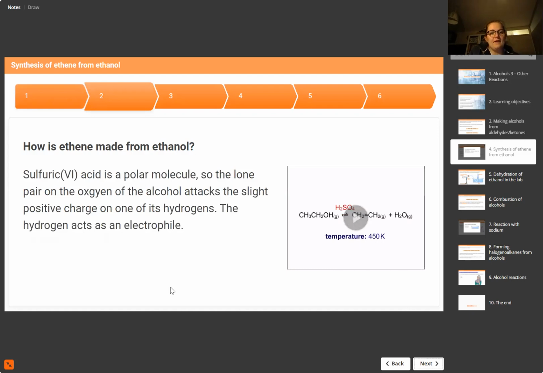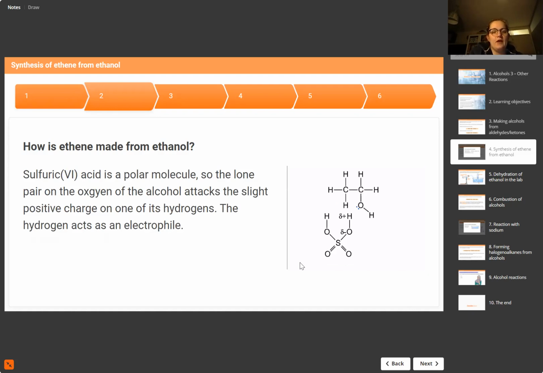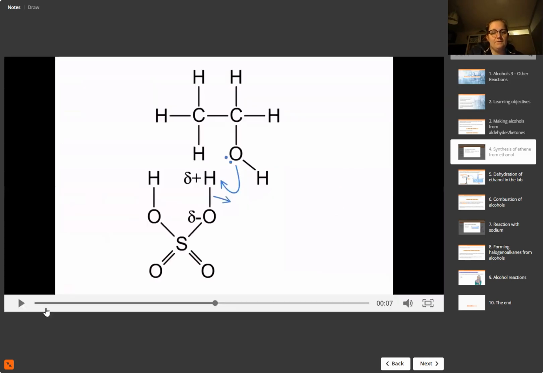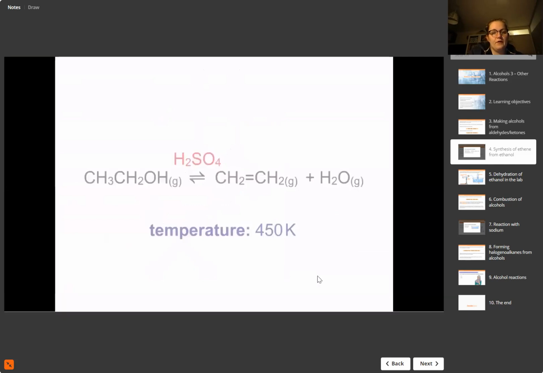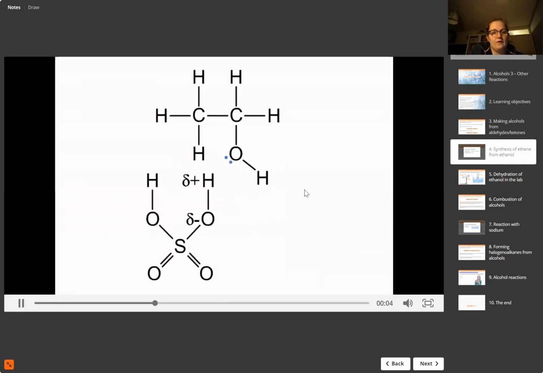So what happens? Our sulfuric acid is a polar molecule. The lone pair on the oxygen of the alcohol attacks the slight positive charge on one of its hydrogens, and the hydrogen acts as an electrophile, as you can see here. So sulfuric acid comes along. You see that movement of the electrons here to here.